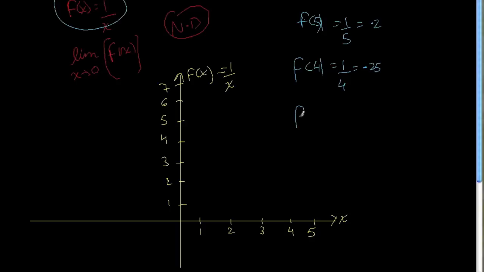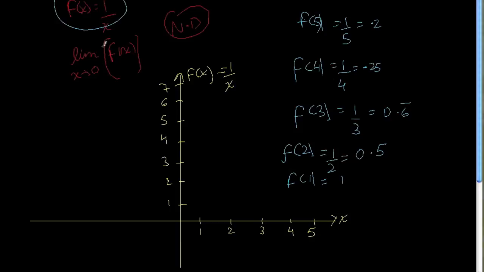If we find the f of 3, we get 1 by 3, which is 0.3 repeating. If we find the f of 2, we get 1 by 2, which is 0.5. And if we find the f of 1, it is obviously going to be equal to 1.